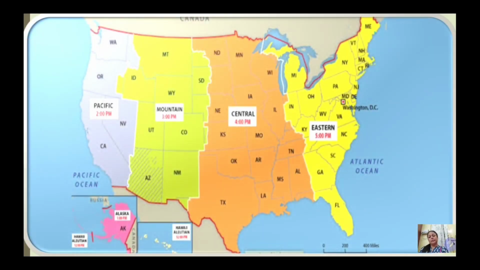So we can see in this picture, this is USA, and it is divided into different time zones. There are 5 time zones, because there are many longitudes and it will create confusion if a single standard time is followed.